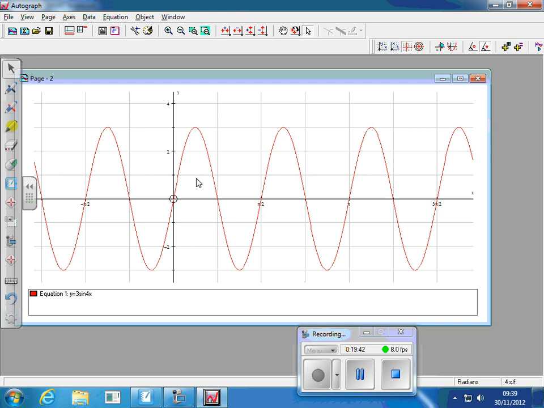Now if you look at that area there, that's the area under this bit, area under this bit, and so on. So if I add them all together, what do you think the area under the curve will be? The area under that one, and then that one. What's different about that bit and that bit?